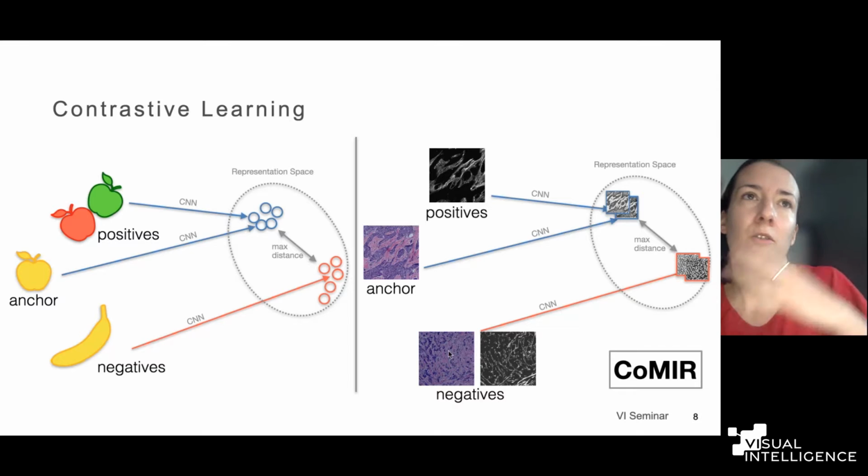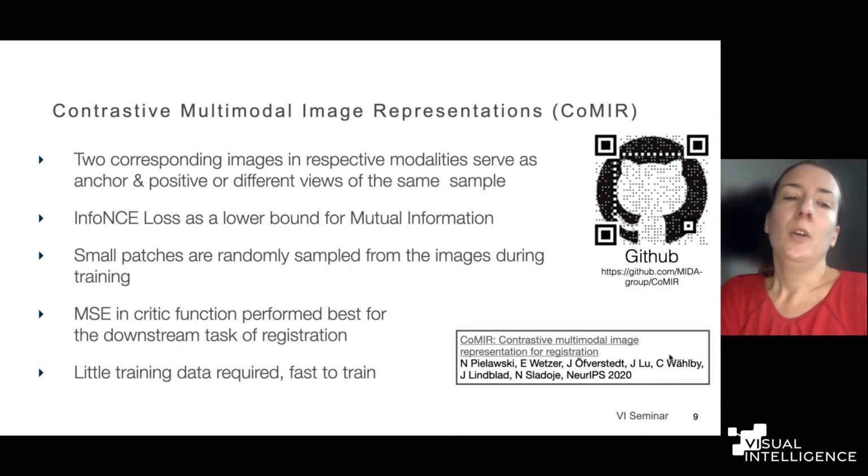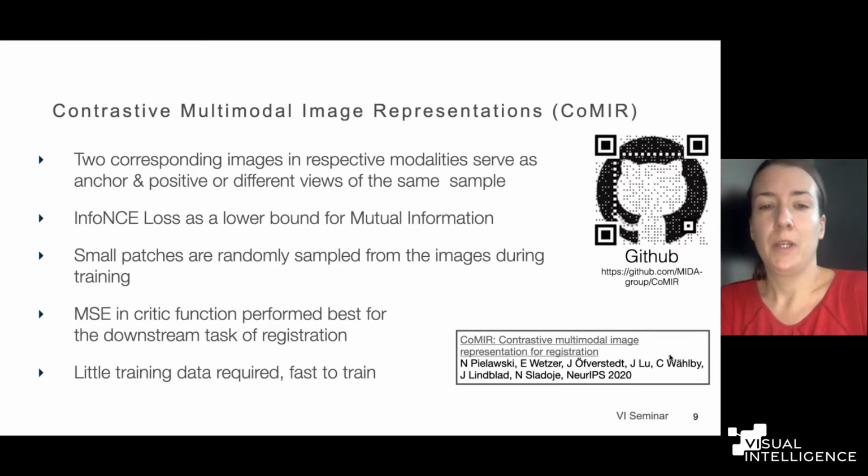And as a negative, I can choose any patch from the rest of the images from either of the modalities. And these embeddings are basically what we call CoMIR, and those we can register with monomodal registration techniques. So what we used in this initial study was InfoNCE loss to maximize the lower bound for mutual information.